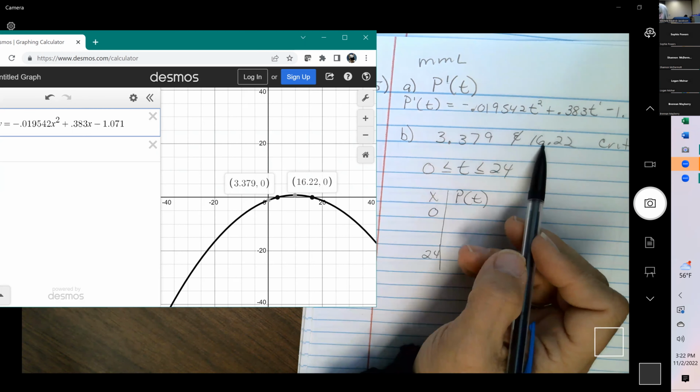So we'd use both of them. And you plug them into the original. So right here's the original.